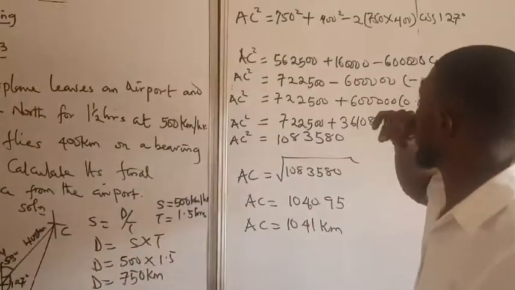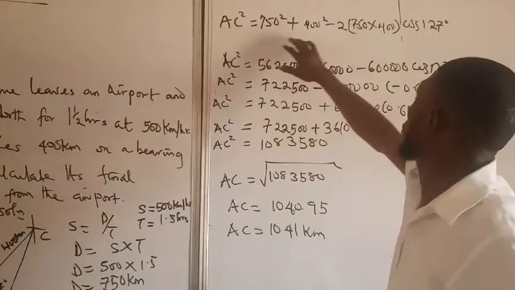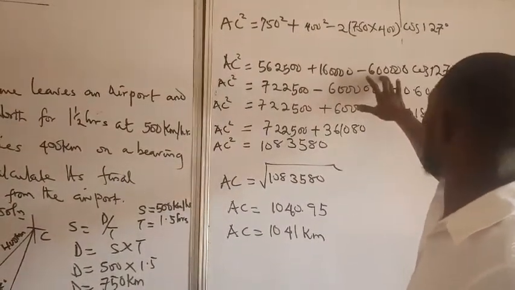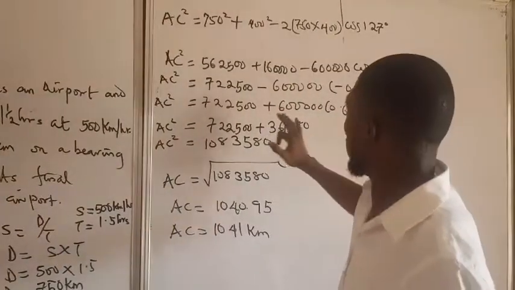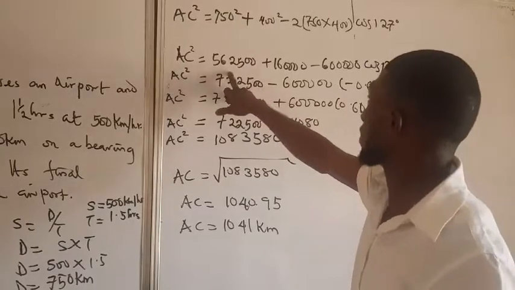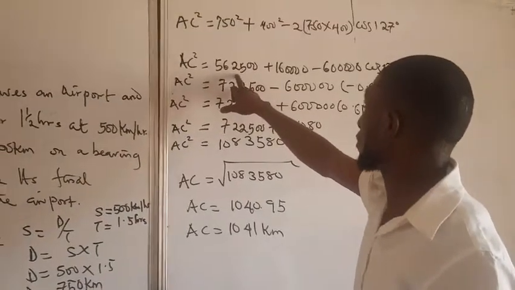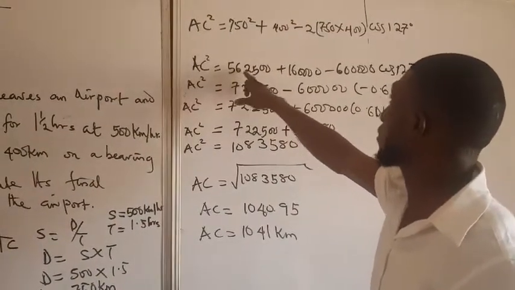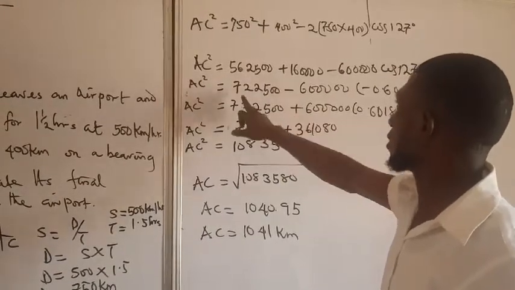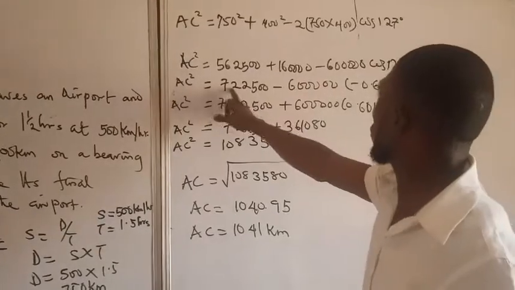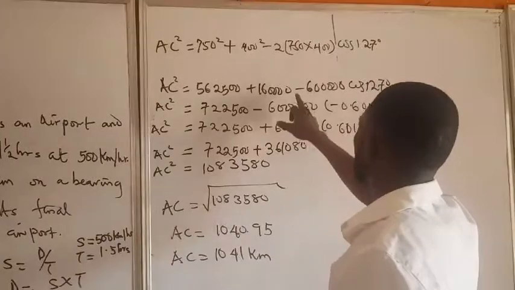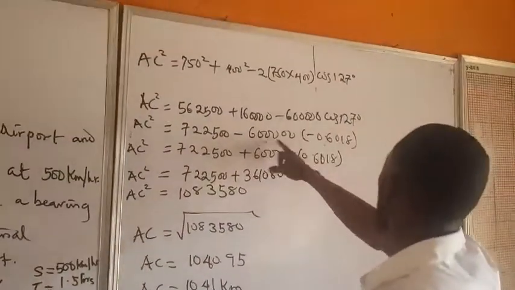Now 2 times 750 times 400 gives us 600,000, then cos 127 degrees. 750 squared gives us 562,500 and 400 squared gives us 160,000.